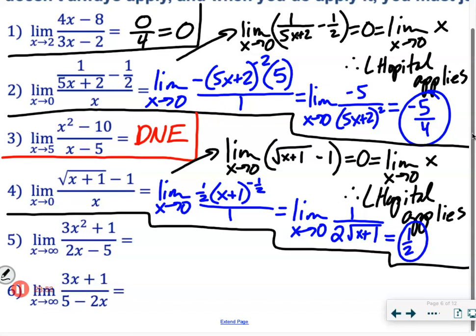That's what L'Hopital says in a nutshell. And what I stress to everyone is whenever you apply L'Hopital, you are required to justify L'Hopital, which means you have to show that the limit of the top and bottom are both 0, or in a minute, the limit of the top and bottom are both infinity.